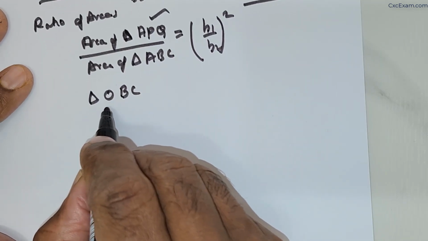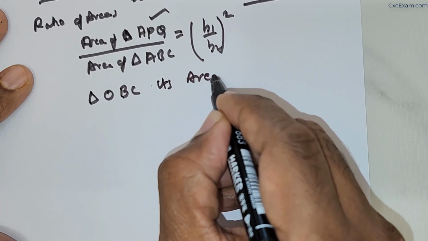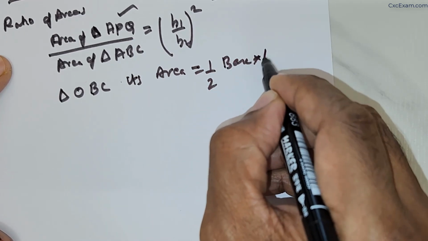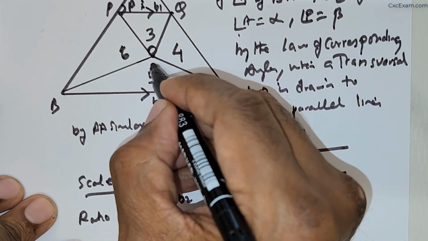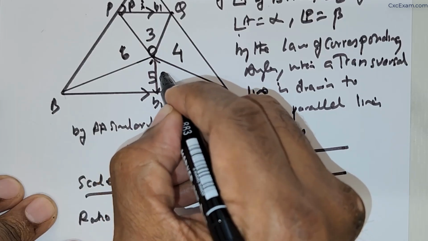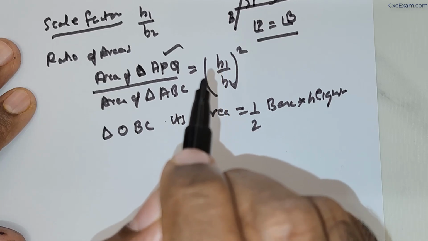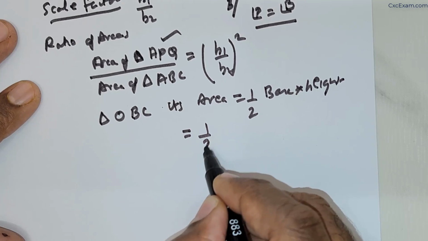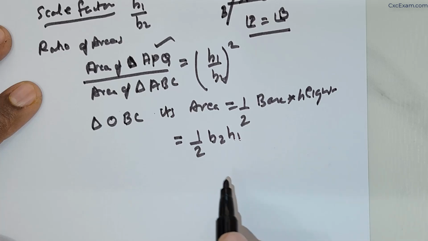Okay, so if I were to consider triangle OBC, its area is going to be given as half times base times height. So if we were to take the height of the triangle as say some h1, then the area is going to be half times base b2 and the height h1.